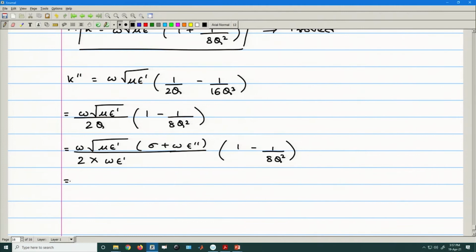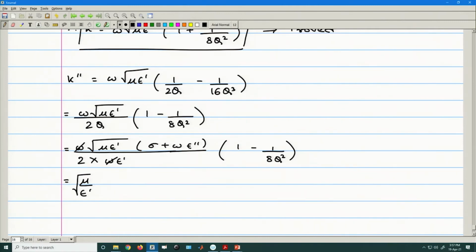Here omega and omega will cancel out, and this we can write as root under mu upon epsilon prime.